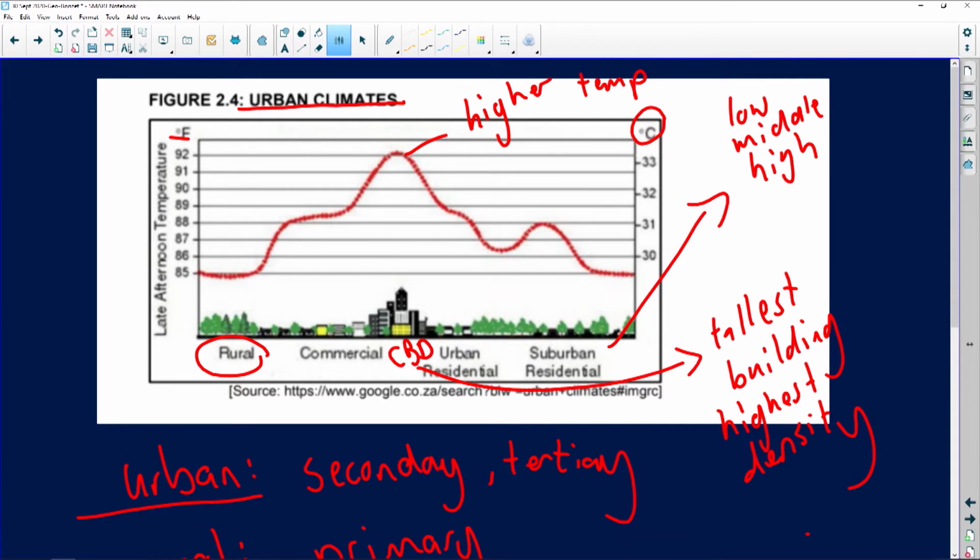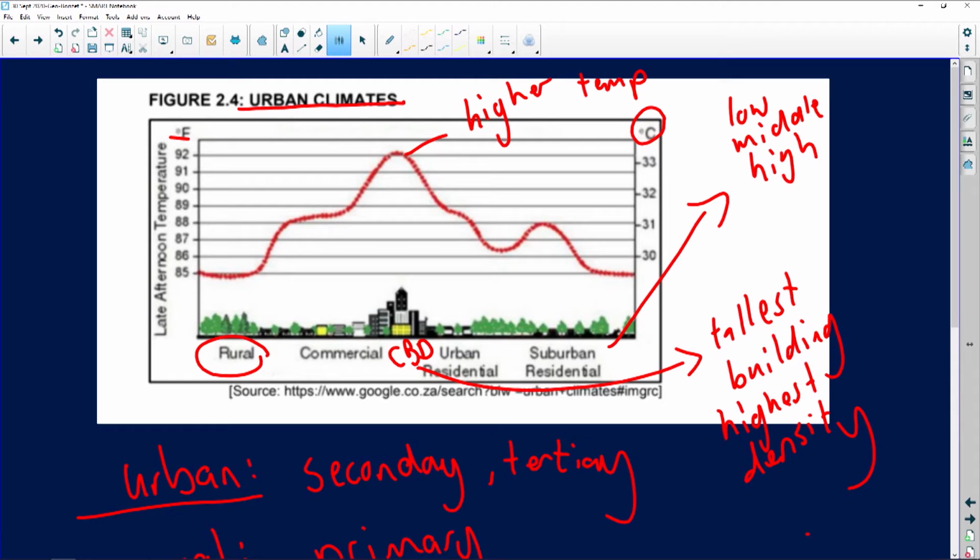Now, the rural areas is usually on the outskirts, okay? But what you need to pay attention to is, it's a graph that's been provided for us, okay? As you can see that the temperature increases towards the urban areas. It becomes warmer and hotter, okay? Temperature are decreasing towards the rural areas.